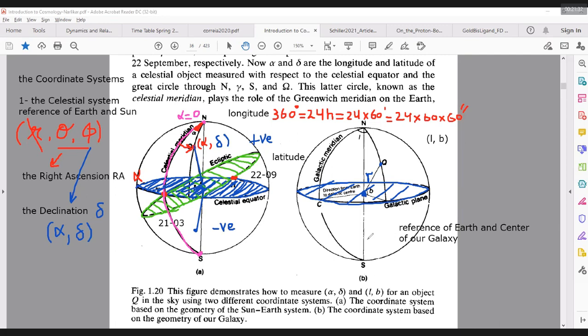In this case, the meridian is passing through a point C, an arc joining the north and south along the sphere, where the point C is on the surface of the sphere, but it directs the location of Earth with the center of the galaxy.